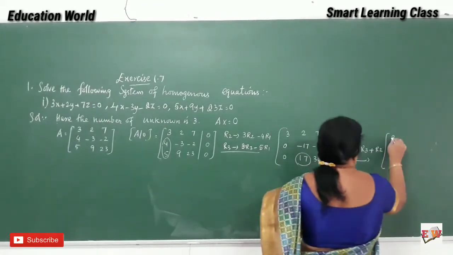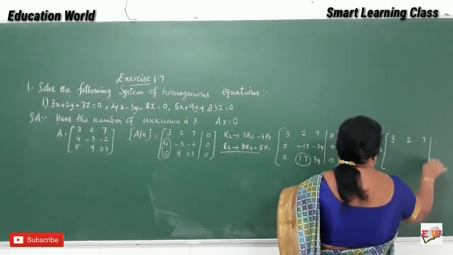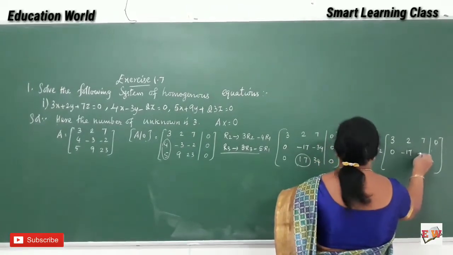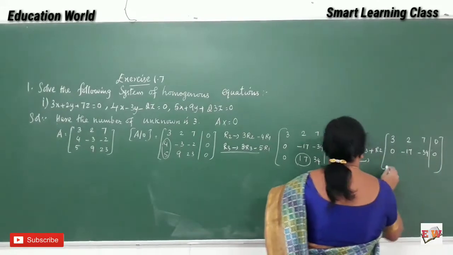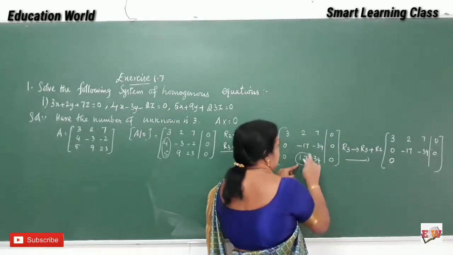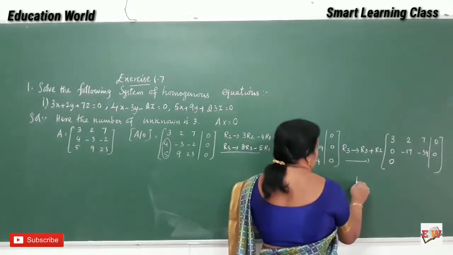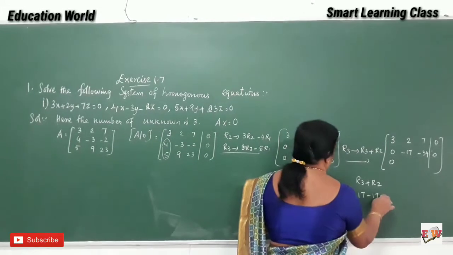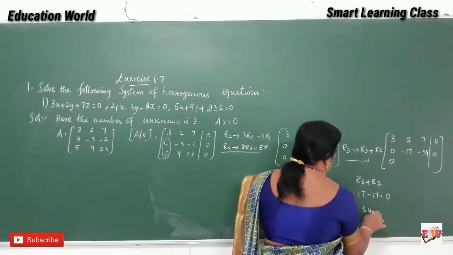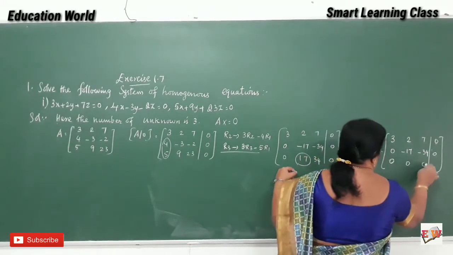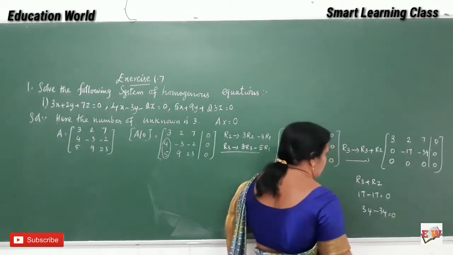The first row is 3, 2, 7. The second row we just write as it is. For the third row, R3 plus R2: 0 plus 0 is 0, 17 minus 17 equals 0, 34 minus 34 equals 0, so 0, 0, 0.